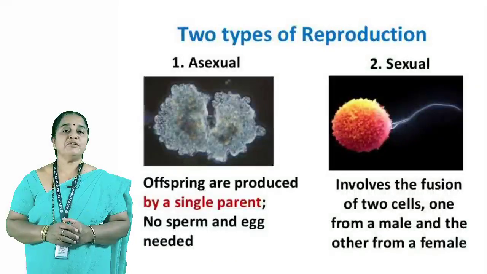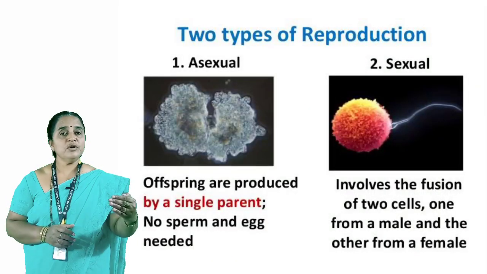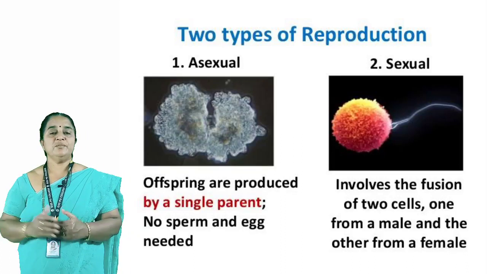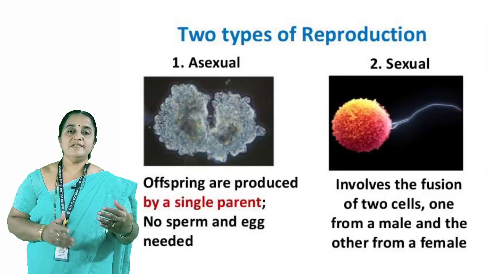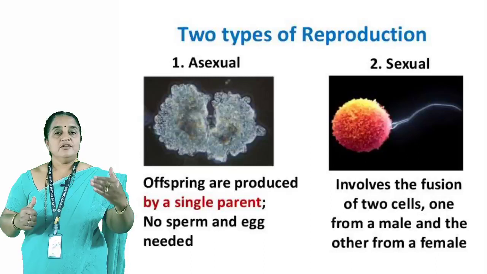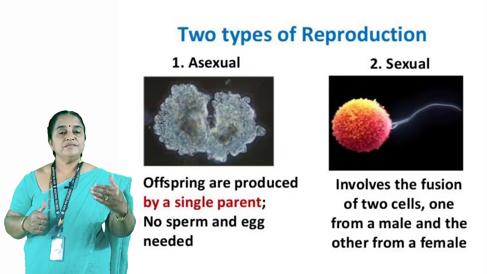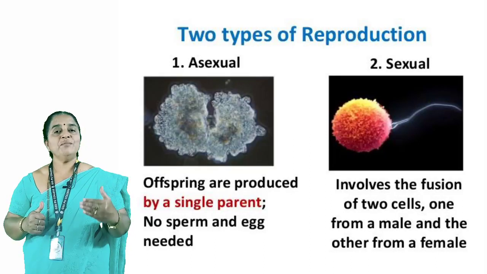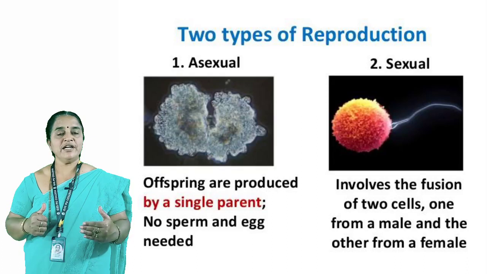There are two types of reproduction: asexual reproduction, apomixis, and sexual reproduction, amphimixis. In asexual reproduction there is no gamete production, no fertilization, no embryogenesis, that is, no embryonic development.